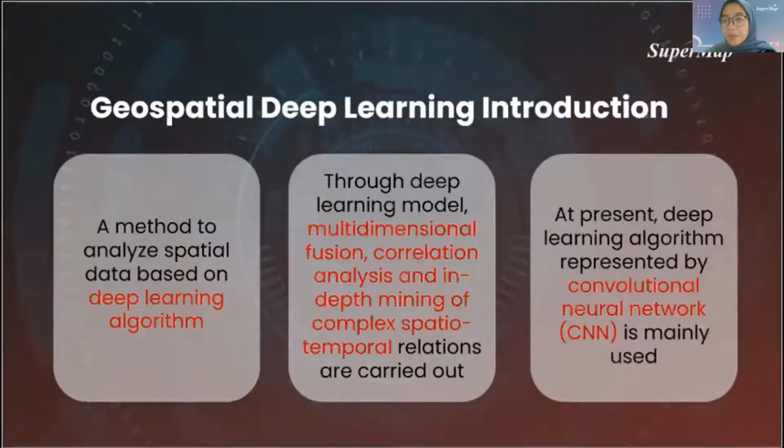And three important processes are done in this geospatial deep learning: the multidimensional fusion, correlation analysis, and in-depth mining of complex spatio-temporal data. And at present, the deep learning algorithm is represented by CNN, or the convolutional neural network, in the SuperMap iDesktopX.